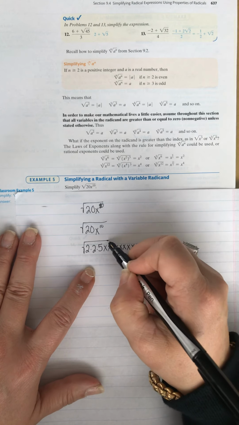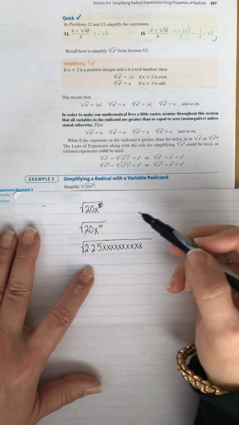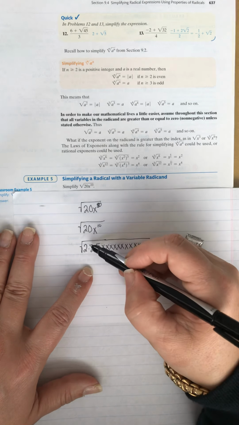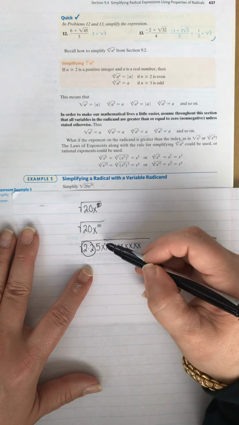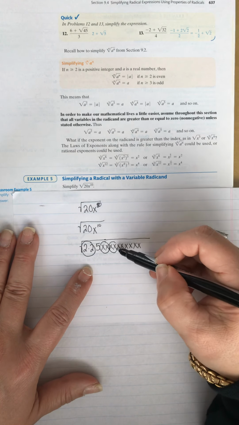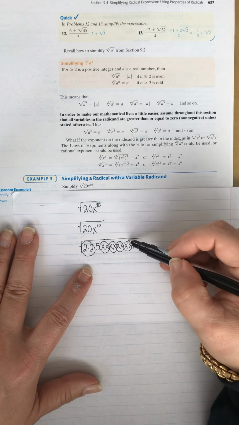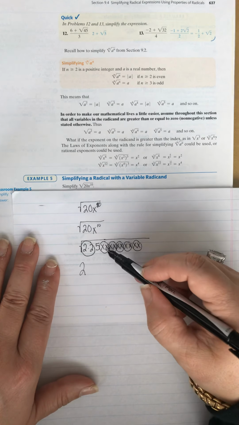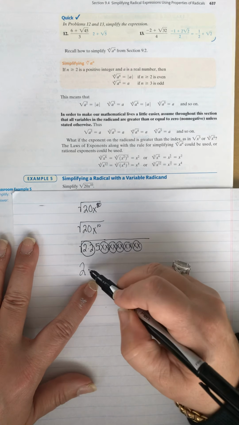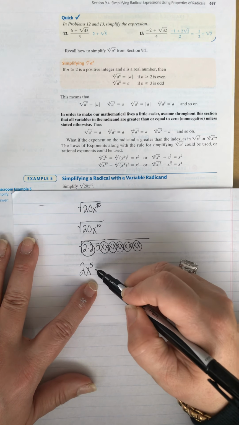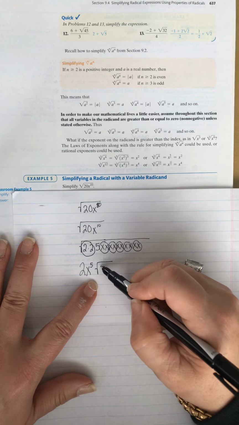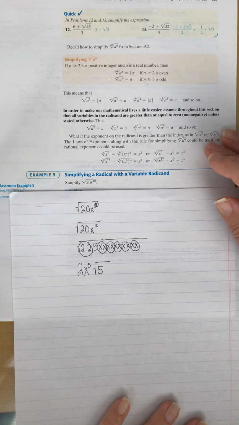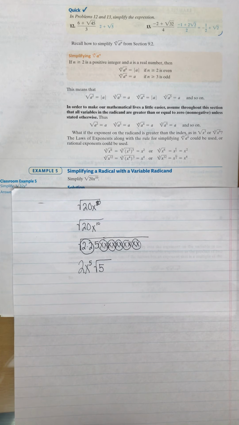Now you don't have to write this all out, but this is a visual to show you that you've got 10 x's. So we're looking for two of a kind. There's two of a kind, there's another one, another one, another one, another one, and another one. So we have a group of twos, and we have 5 groups of x squared. So it's x to the 5th power. Now we're going to leave that 5 underneath because there was nothing to pair it up with. And that's what your answer ends up being. Okay?